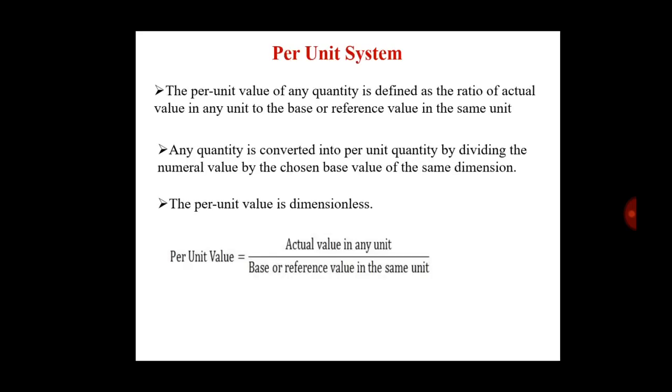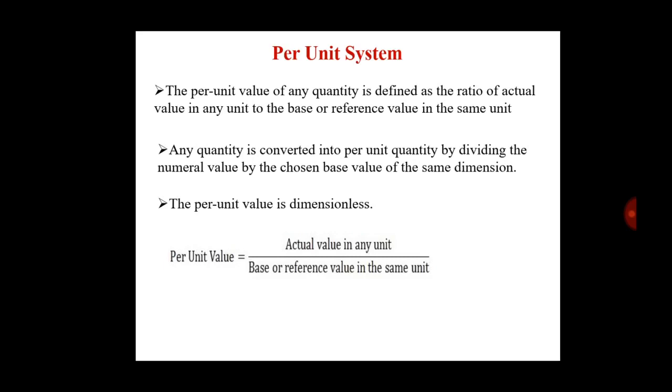We already know this. Now we study the per unit system. So what is the per unit system? The per unit value of any quantity is defined as the ratio of the actual value in any unit to the base or reference value in the same unit.